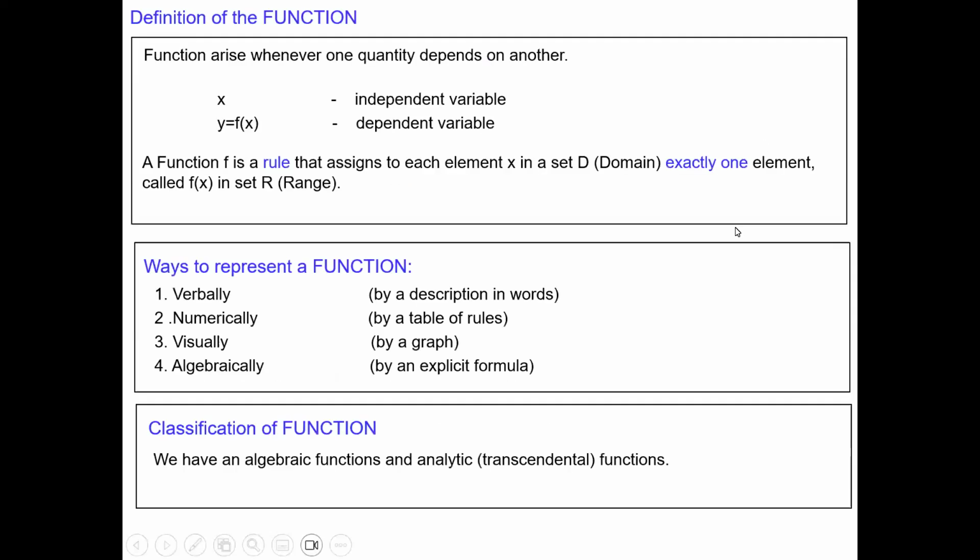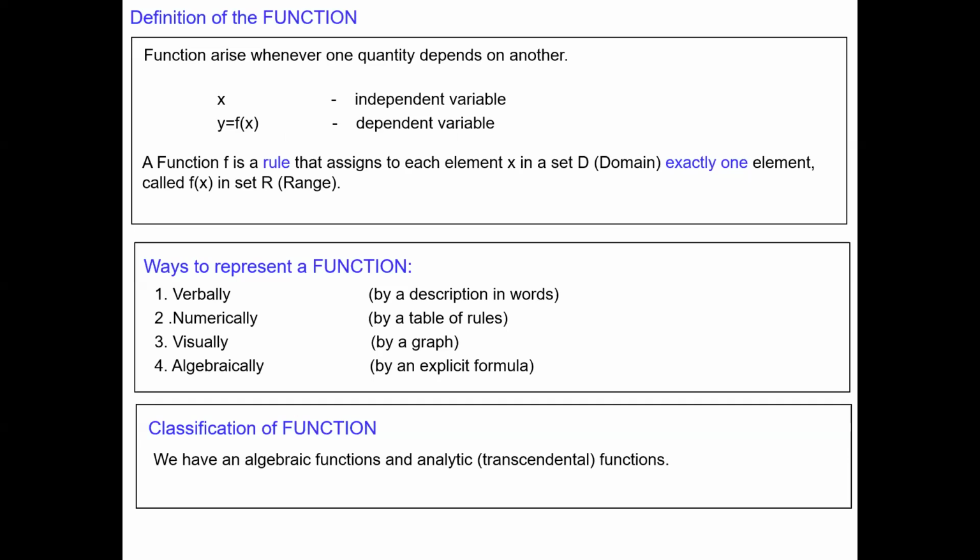Okay, let's see. First of all, let's quickly recall what a function is. In general, a function arises whenever one quantity depends on another. We have an independent variable x and a dependent variable y.